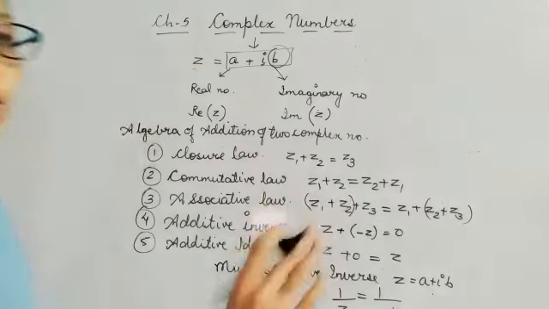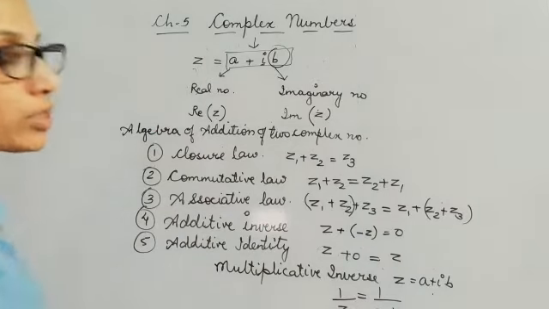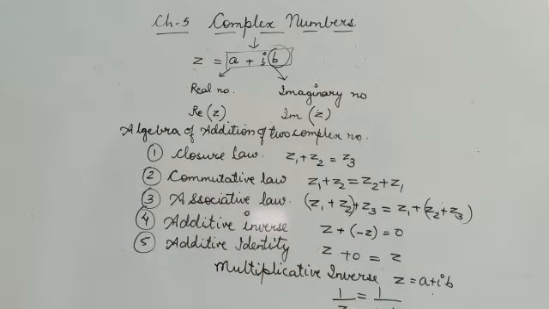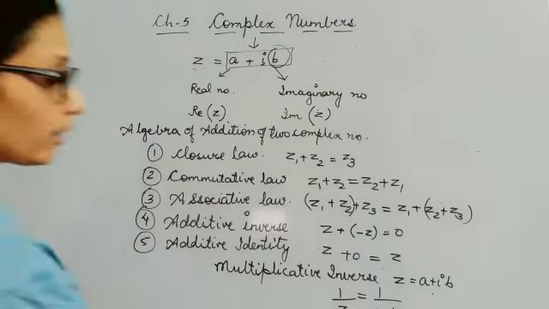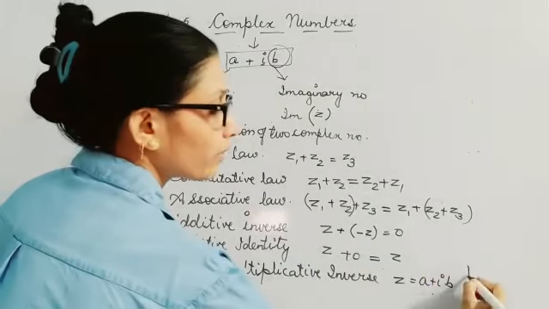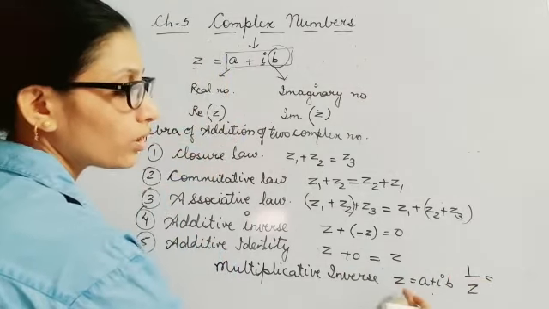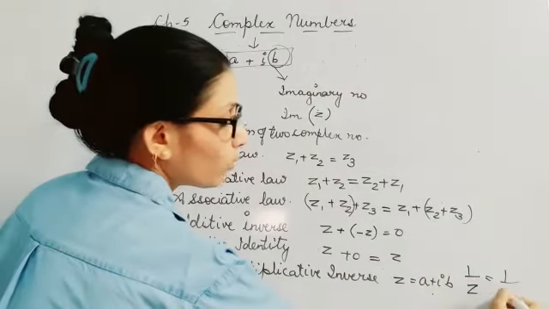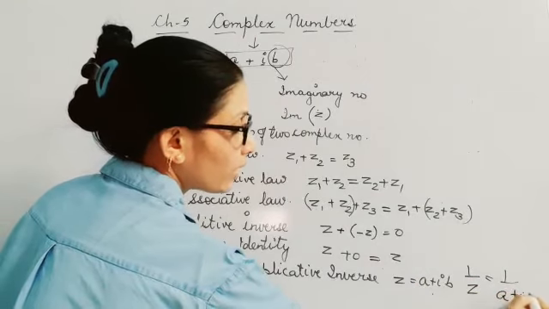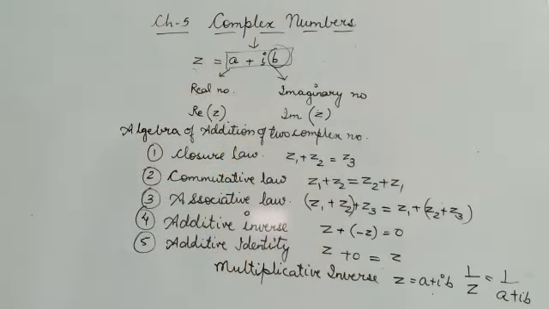And then we cannot leave the answer in this form, so we have to rationalize it. When we talk about the multiplicative inverse, we write it as 1 by z. That means we need to take the reciprocal of z. So this will be 1 upon a plus iota b, and then for the solution you will rationalize it further.